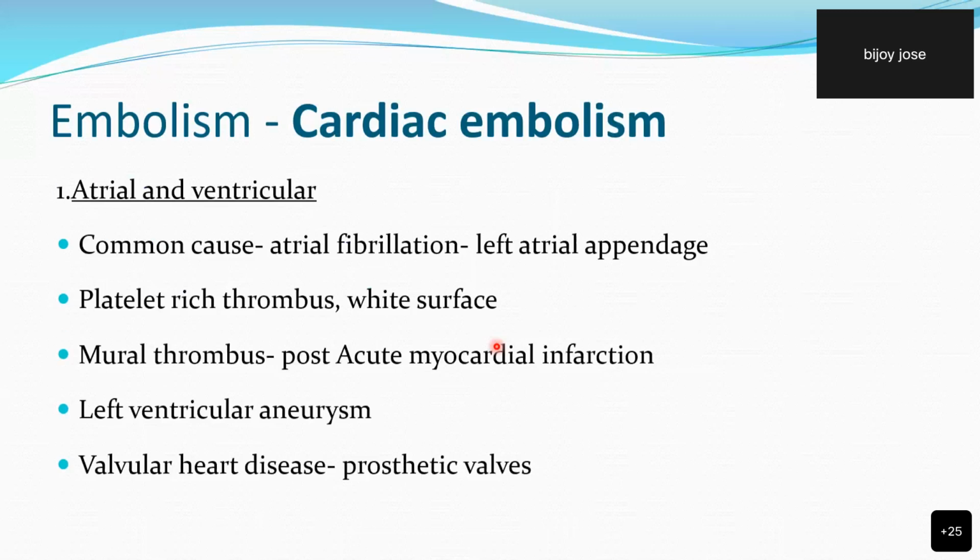Sometimes, patients post myocardial infarction are prone to mural thrombus formation, which can get dislodged into the circulation and produce acute limb ischemia. Some patients post myocardial infarction have an aneurysm of the left ventricle, where thrombus formation can again happen and be dislodged. Valvular heart disease and prosthetic valves are also prone to thrombus development, which can get dislodged and produce embolism.